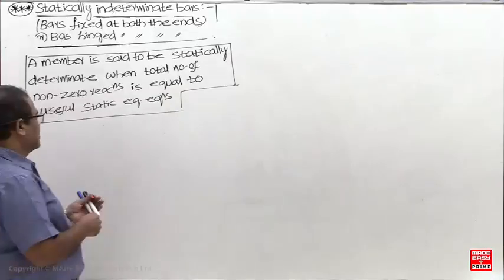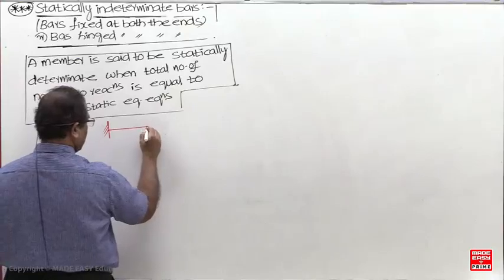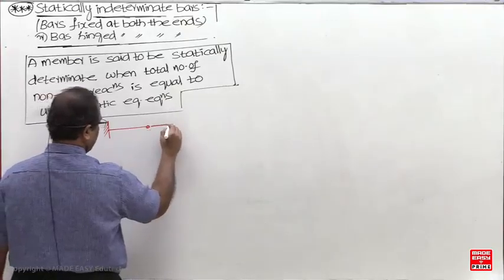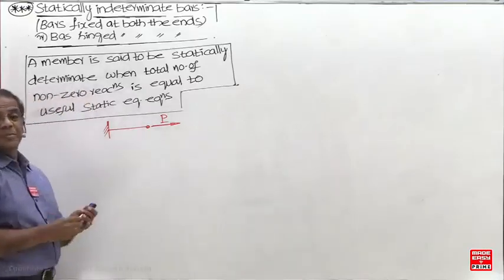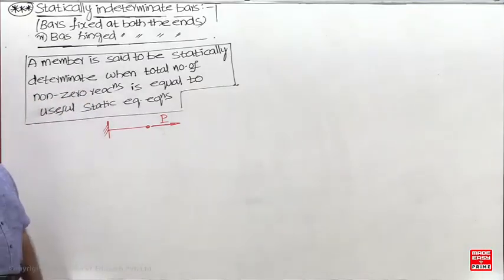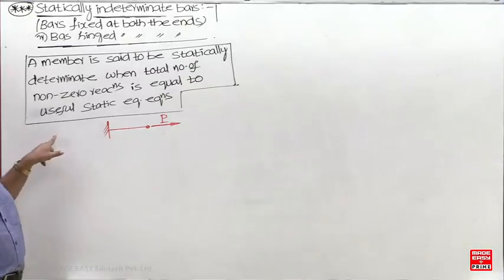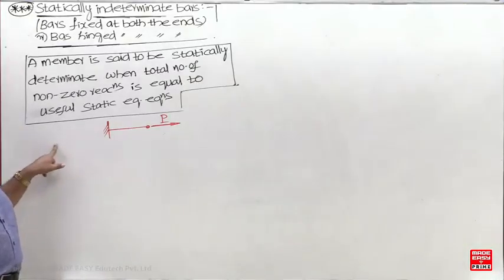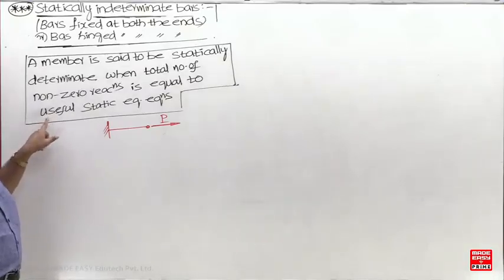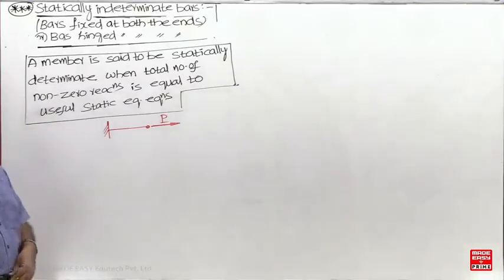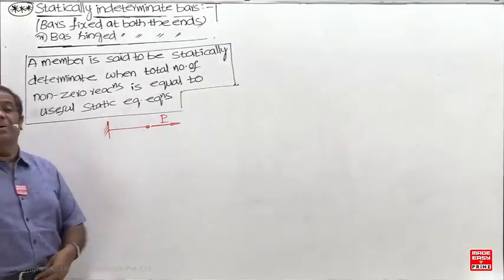When a bar in this example is statically determinate or indeterminate? Determinate. How many non-zero reactions? Only one. And how many equations are there? Only one. You should not compare with the total equations. You have to compare with the useful equations. Total equations are 3, but for this question I can use only sigma H equal to 0.